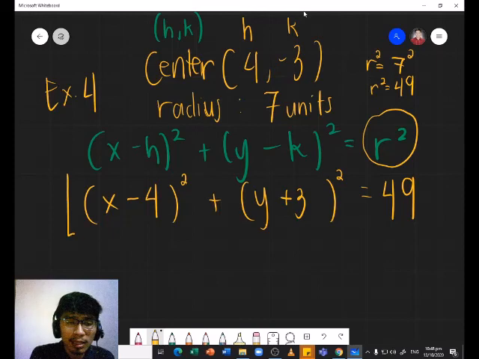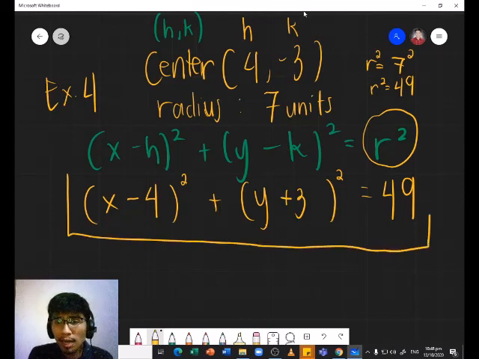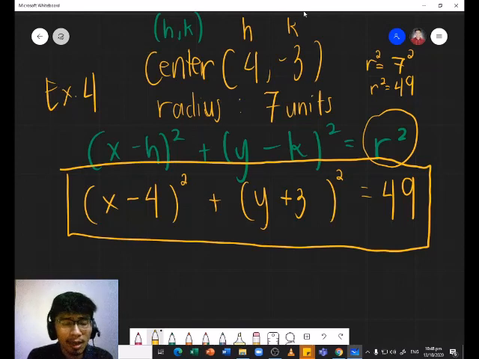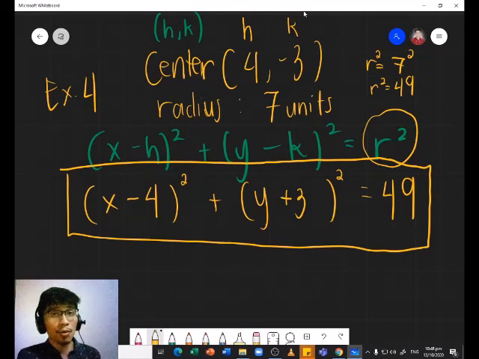Given that the center is 4 and negative 3 and the radius is 7 units, what is its equation or standard form? So this is now the standard form for our given. That's how you do it. You can do the vice versa in identifying the center radius form by given only the center and radius, or find the center and radius given only the standard form.